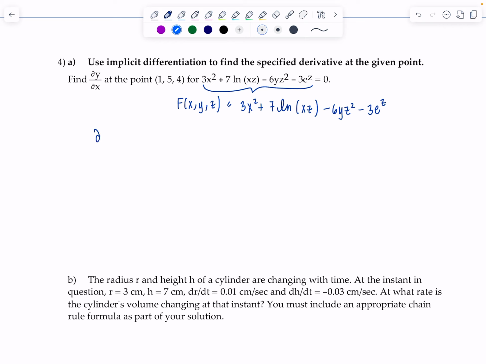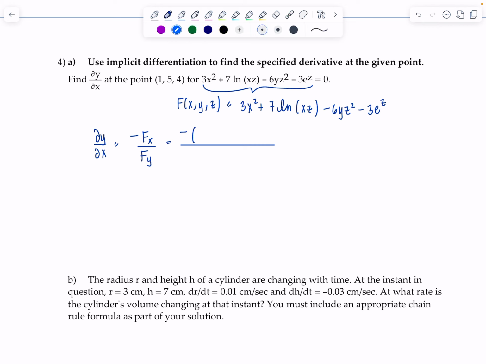And remember, if we want to find del y del x, that's the opposite of the partial of capital F with respect to x over the partial of capital F with respect to y. So here we go. Let's try this. Negative partial with respect to x. So treating y and z as constants, what's the derivative going to be?